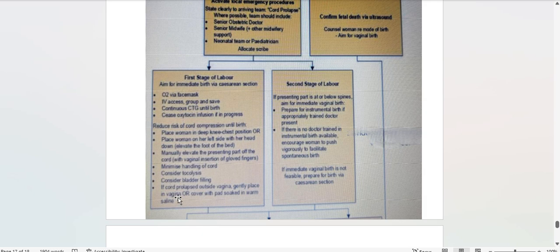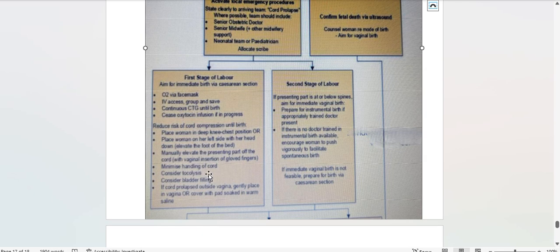If cord prolapse is outside the vagina, gently place it in the vagina or cover with a pad soaked in warm saline. So according to this table, first of all, manually elevate the presenting part of the cord, minimize handling of the cord, consider tocolysis.